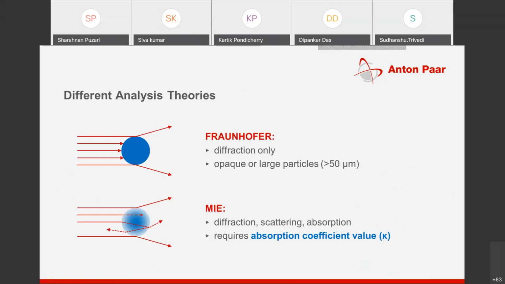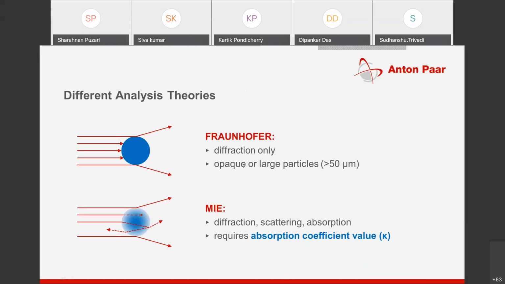This is the theory that Fraunhofer gives, that the particles are opaque and you get only diffraction from these particles, or the particles are larger than 50 microns. This is what he considered, and Mie said, no, it is not possible. Particles might have some scattering, absorption, diffraction, everything. So he put forward an advanced theory, called Mie theory, which is now available for nanoparticles also.